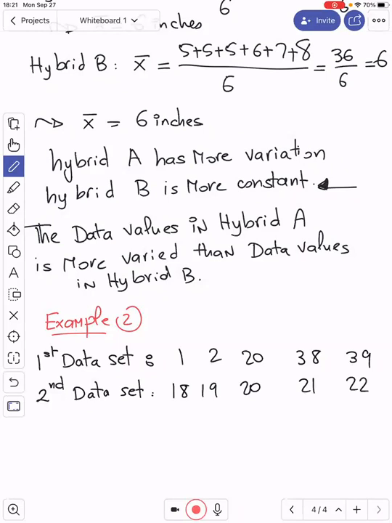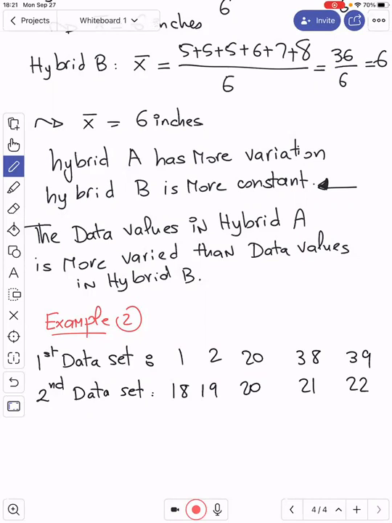All right. So what will be your guess, guys? Which data set is more dispersed than the other one? The first data set.